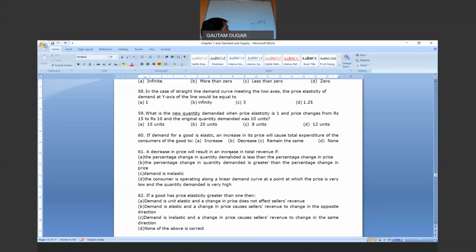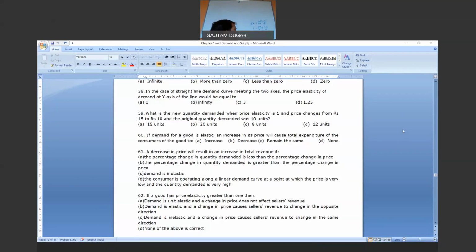So elasticity of demand is 1. Change in quantity, we don't know. But change in price, we know, is 5. Original price was 15, it changed to 10. Original quantity was 10, original price is 15, change in price is 5, elasticity is 1.